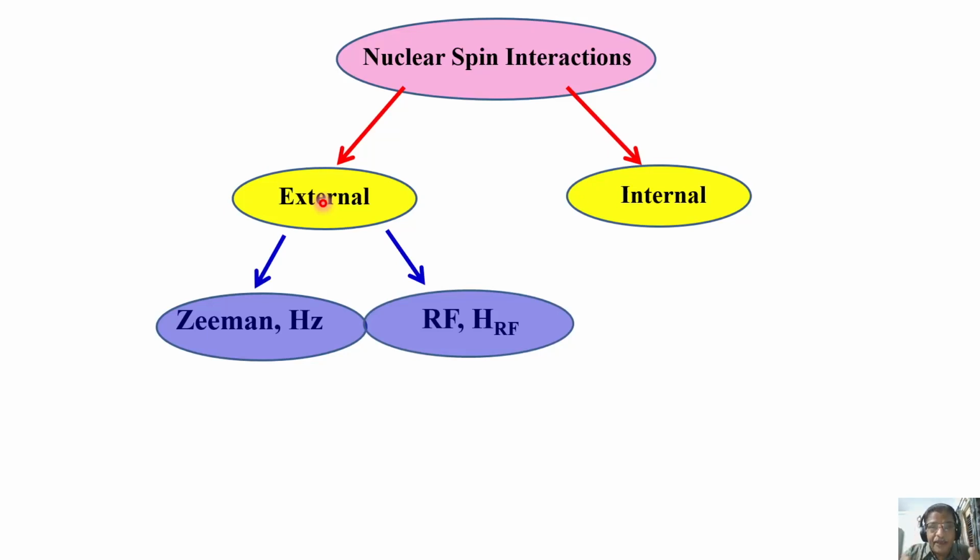Internal, I mean within the molecules. You take any molecule of your interest, within the molecule there are several other internal interactions. These internal interactions also we have to understand. So far we have not discussed any of them. Then the question is, what are these internal interactions?